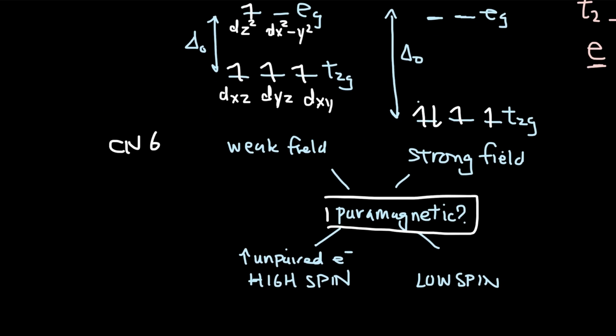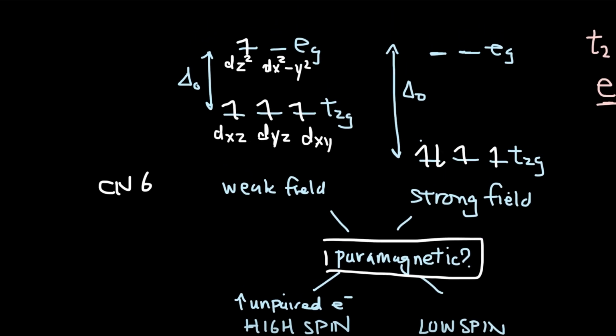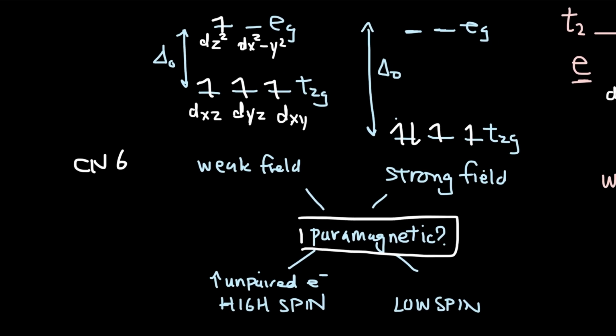That means typically a weak field ligand is also high spin, because there is weak energy splitting between the levels, so the electrons have the energy to go up a level. So typically the weak field ligands have more unpaired electrons, and that will be the trend you see, whereas strong field ligands will have low spin.